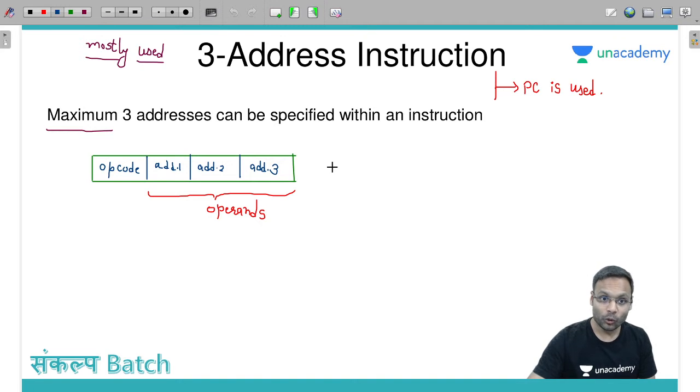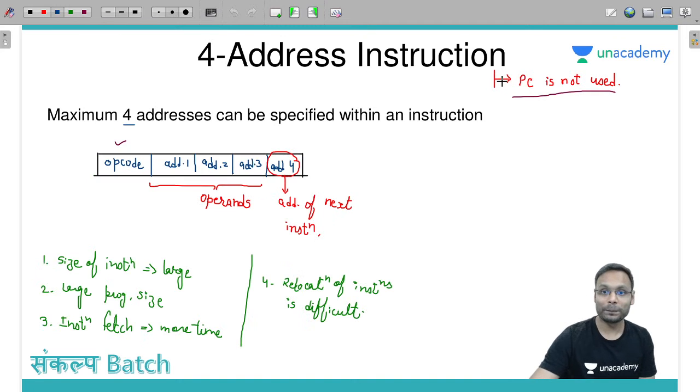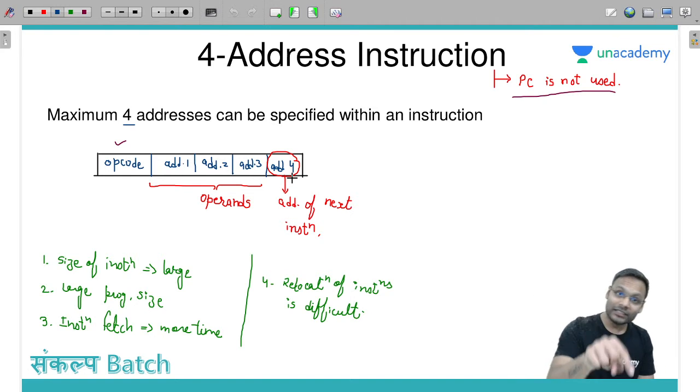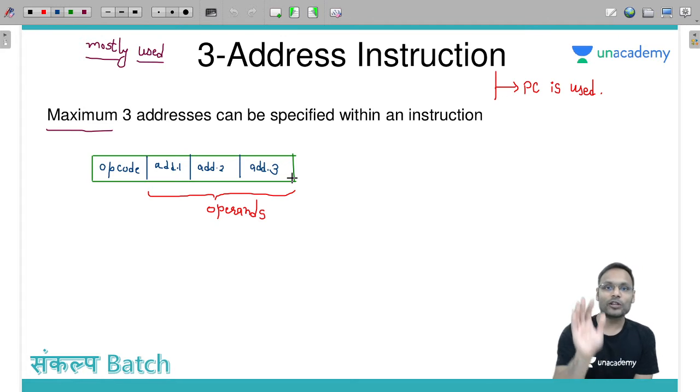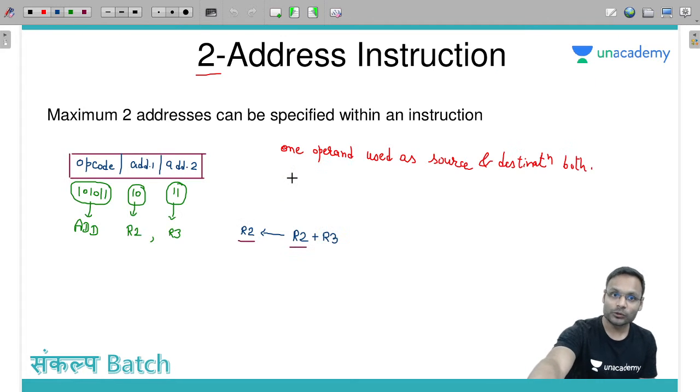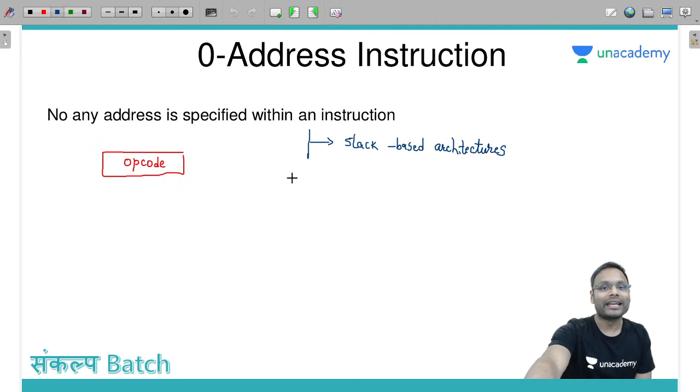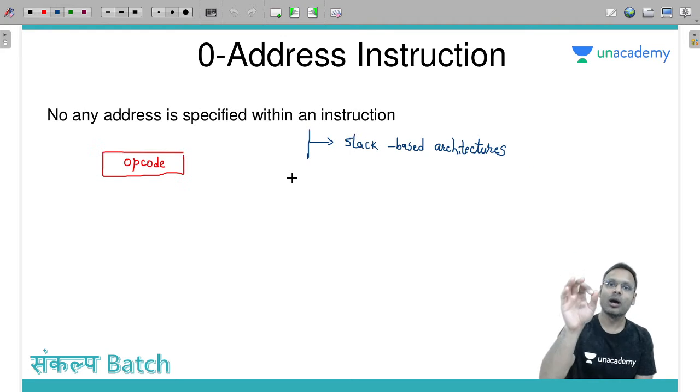In the 4 address case we keep the next instruction's address within the instruction; the remaining ones will not have that. Why? Because the program counter is used in all of them.